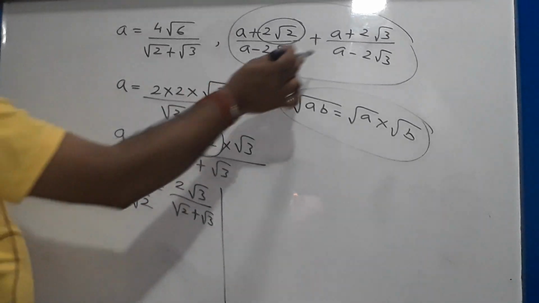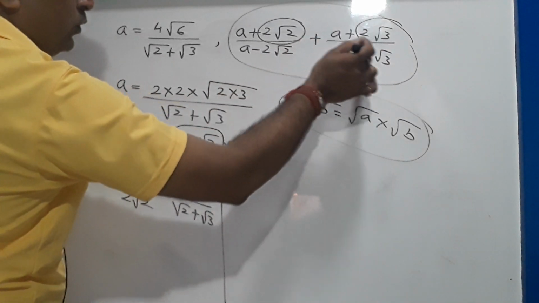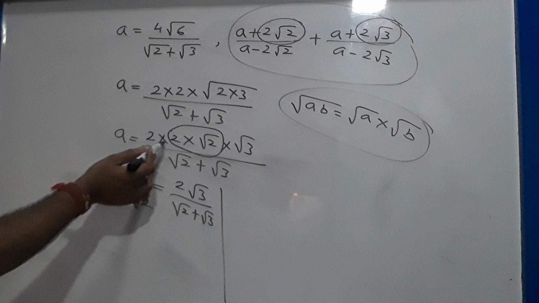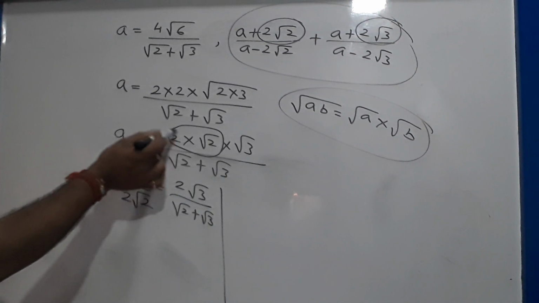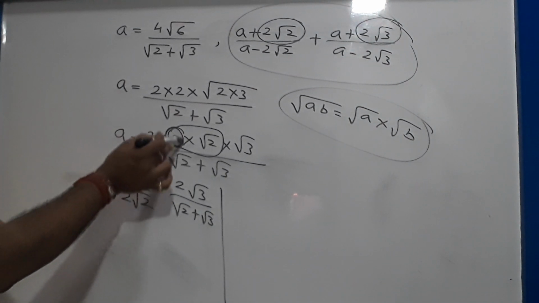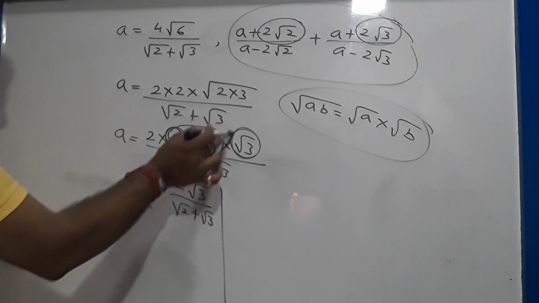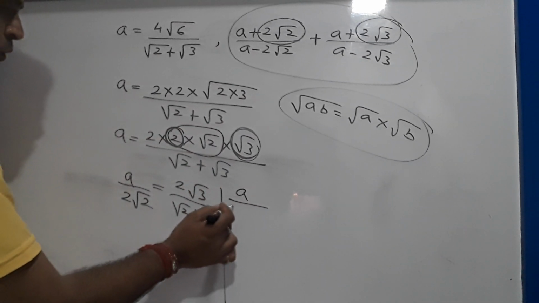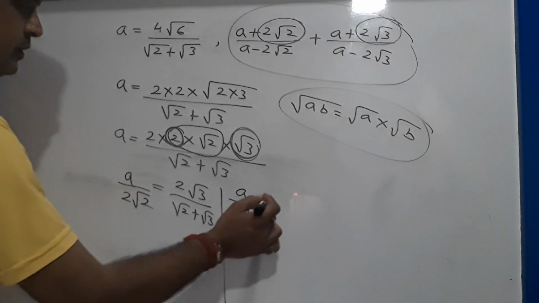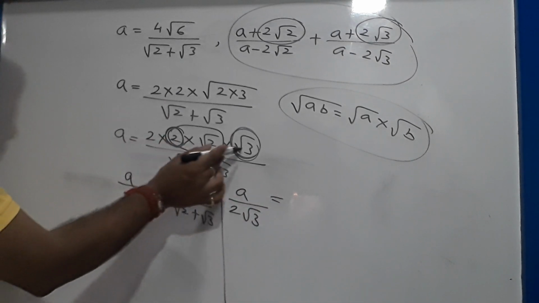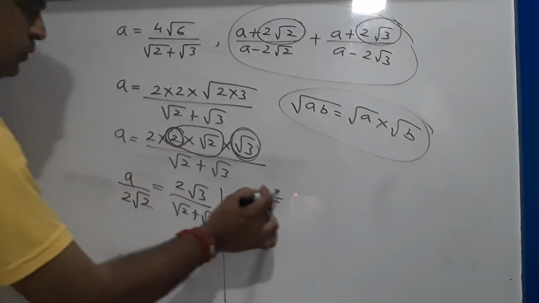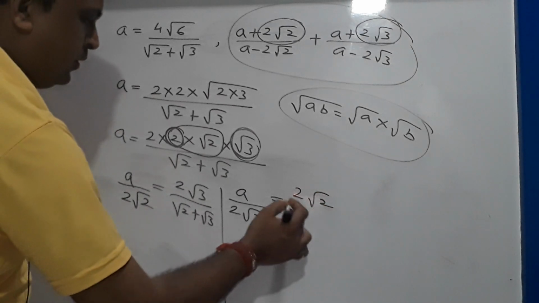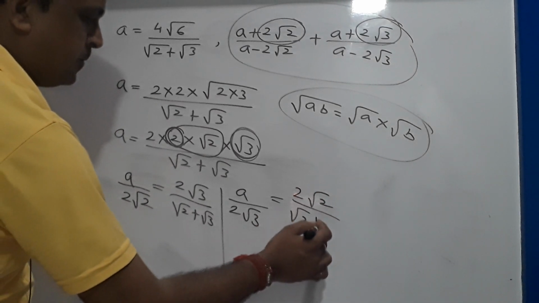Then next we want to bring 2 root 3 in the denominator. So A upon 2 root 3, then what is left? 2 root 2 upon root 2 plus root 3.